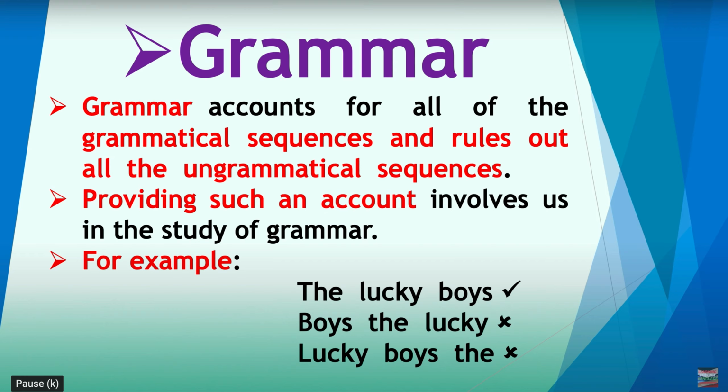Likewise, go to the third example, lucky boys the. This phrase also does not have grammatical sequences. It has ungrammatical sequences, does not have correct patterns, does not have correct system. Therefore, grammar talks about all those grammatical sequences and rejects all those ungrammatical sequences.